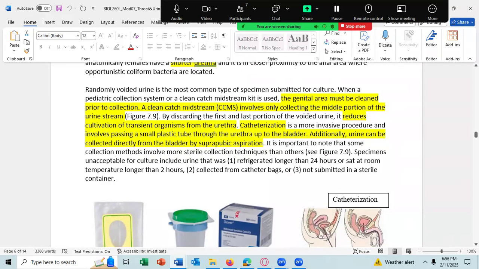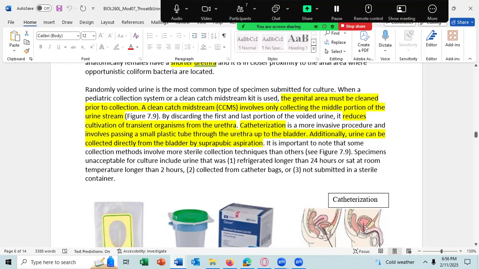They do not collect at the end of the urine stream. They only collect in the middle of the urine stream. And that reduces the cultivation of transient organisms in the urine that come from the urethra. If you don't know, the urethra is colonized by microbes.